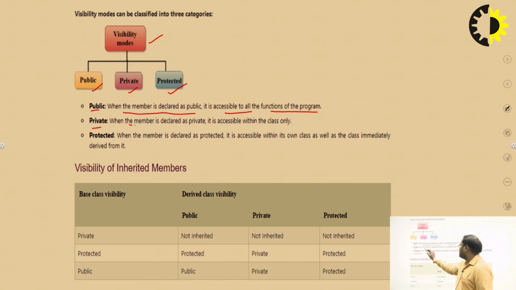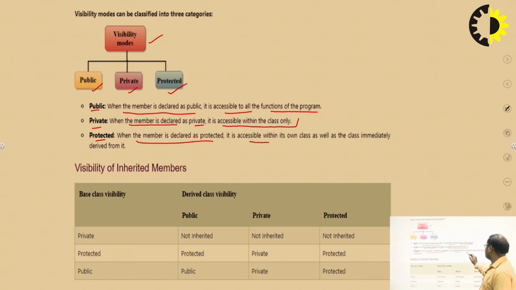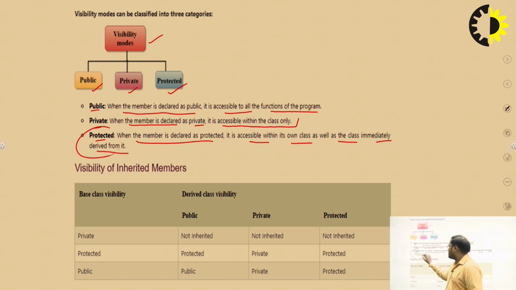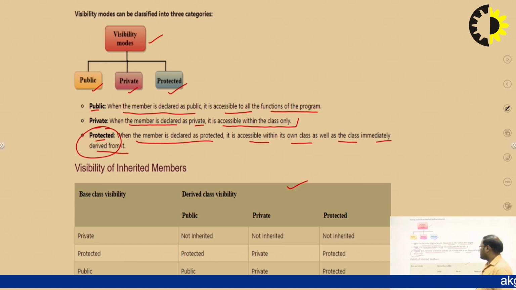Private: when a member is declared private, it is accessible within the class only. Protected: when a member is declared protected, it is accessible within its own class as well as the class immediately derived from it in case of inheritance. So this is a table showing the visibility of inherited members.